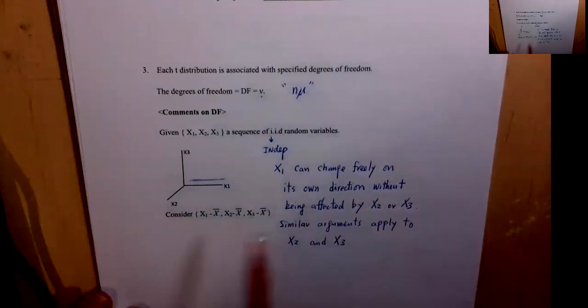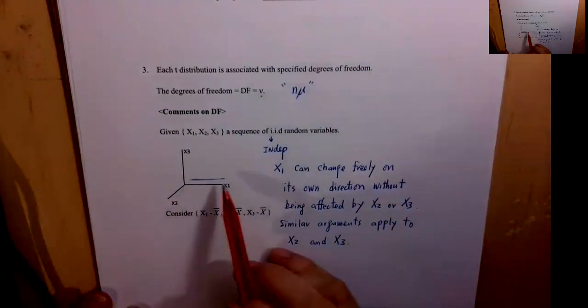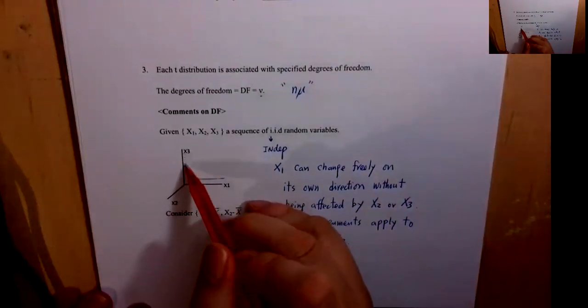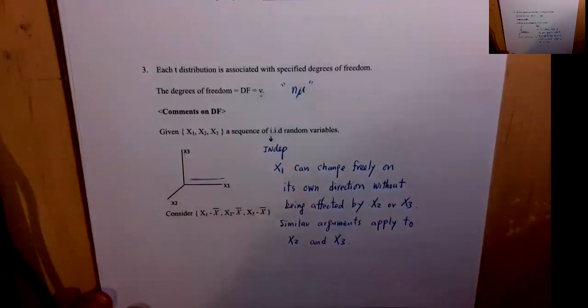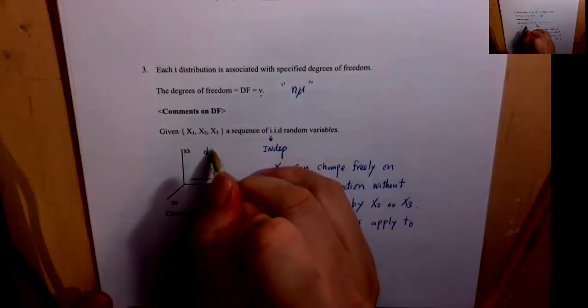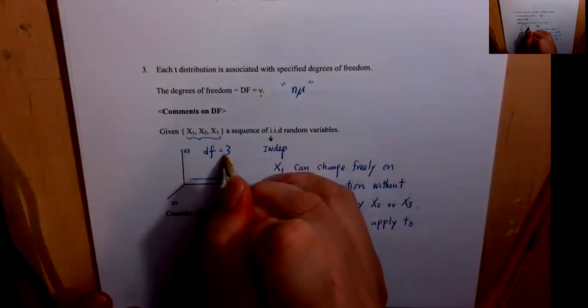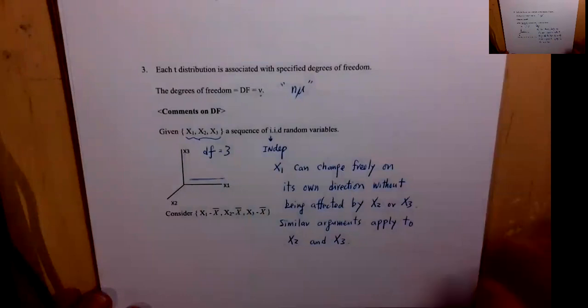That is to say, x2 changes freely in its own direction without being affected by x1 or x3. x3 changes freely in its own direction without being affected by x2 or x1. So in this case, all three directions can change freely. So the degree of freedom for this collection is 3, because all three directions can change freely.